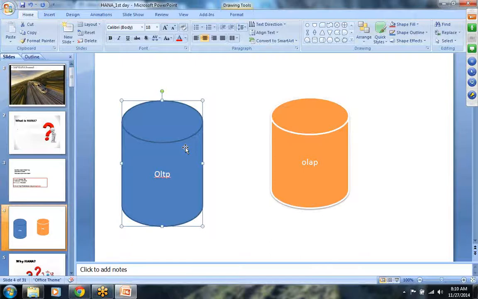Let's assume that every week, every month, or every quarter, I have to move this sales data into a system for historical storage, which is the OLAP system.